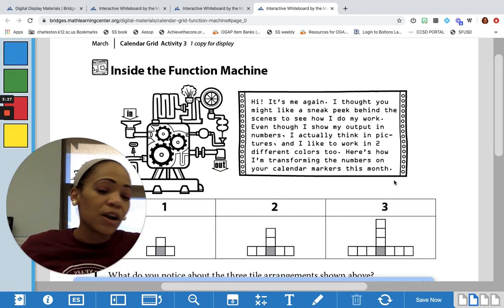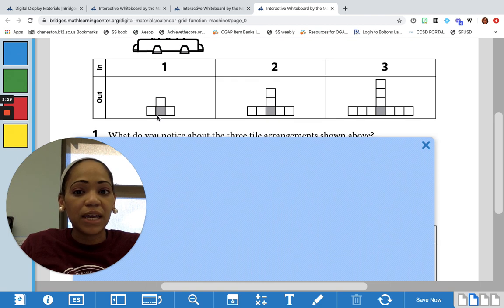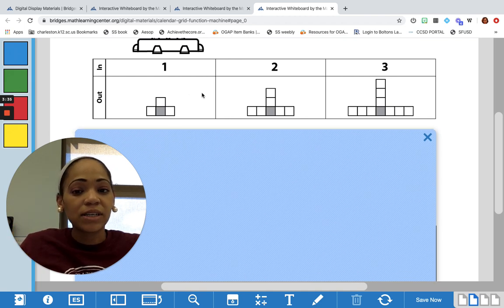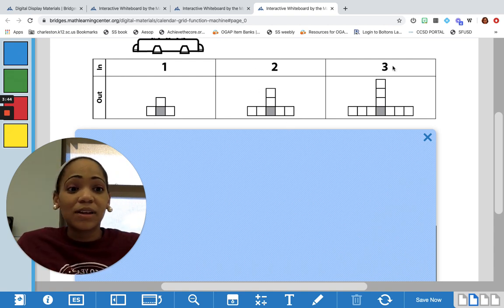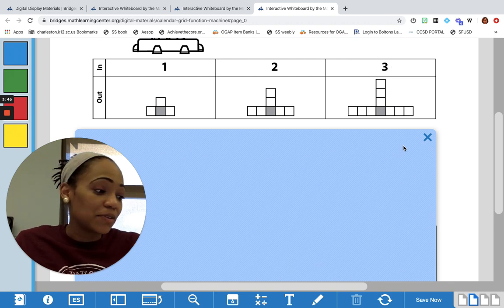So here are the very first 3 arrangements of tiles, these pictures that this function machine is thinking about for the first 3 days. So you put in a 1, what do you notice? Put in a 2, what do you notice? So I'm asking you to make some observations.